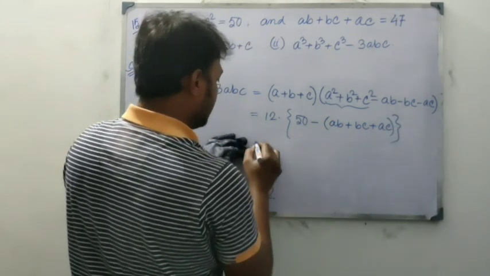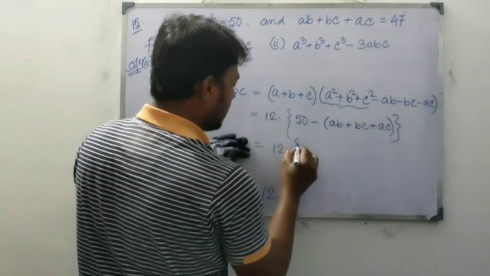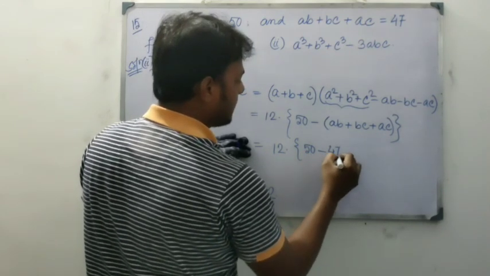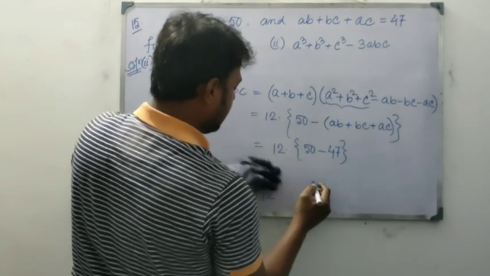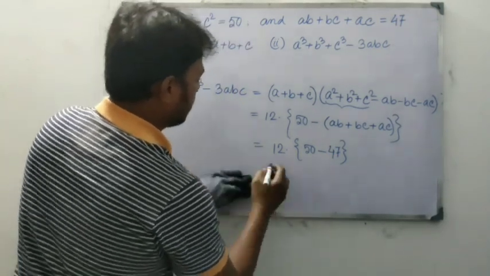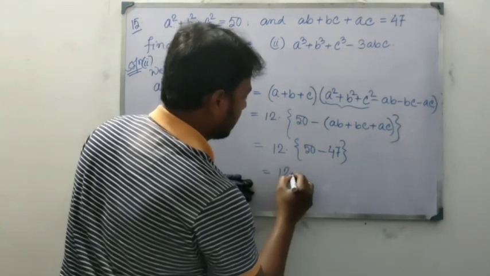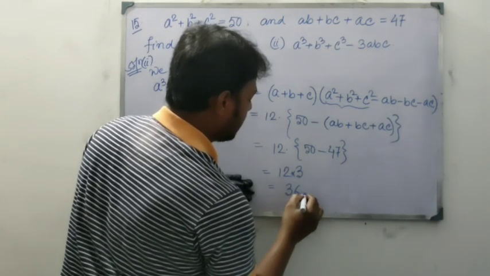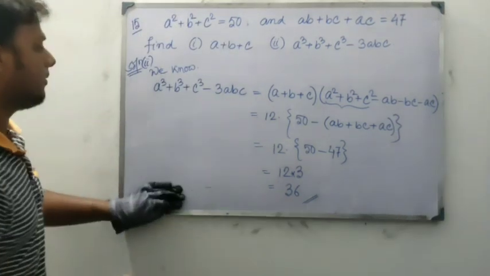Now put the value: 12 into (50 minus 47). So 50 minus 47 means 3, and 3 into 12 is 36. This completes the solution. Problem number 15 done.